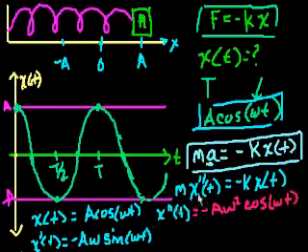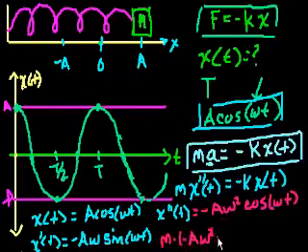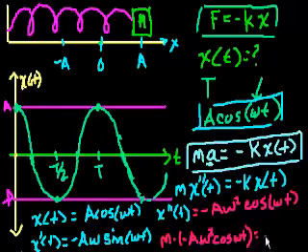If this is true, I should be able to say that m times the second derivative of x of t, which in this case is this, times minus a omega squared cosine of omega t, should be equal to minus k times my original function, x of t.